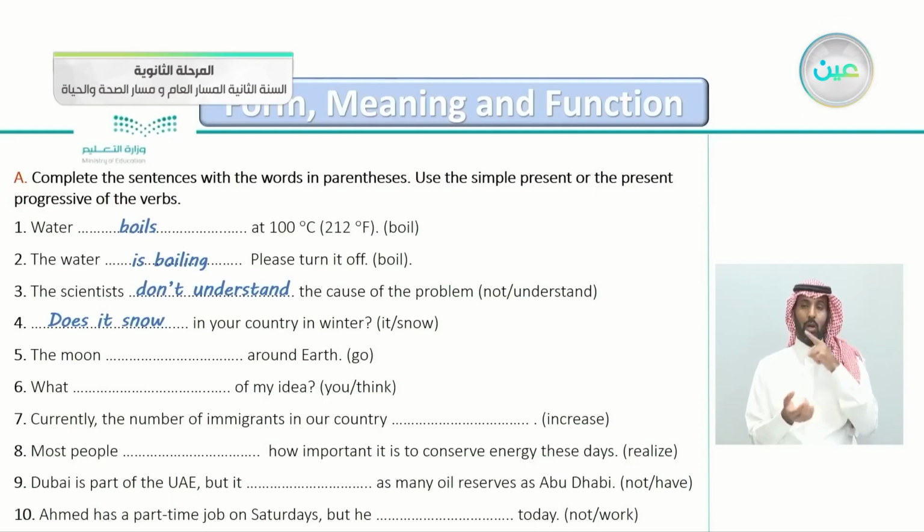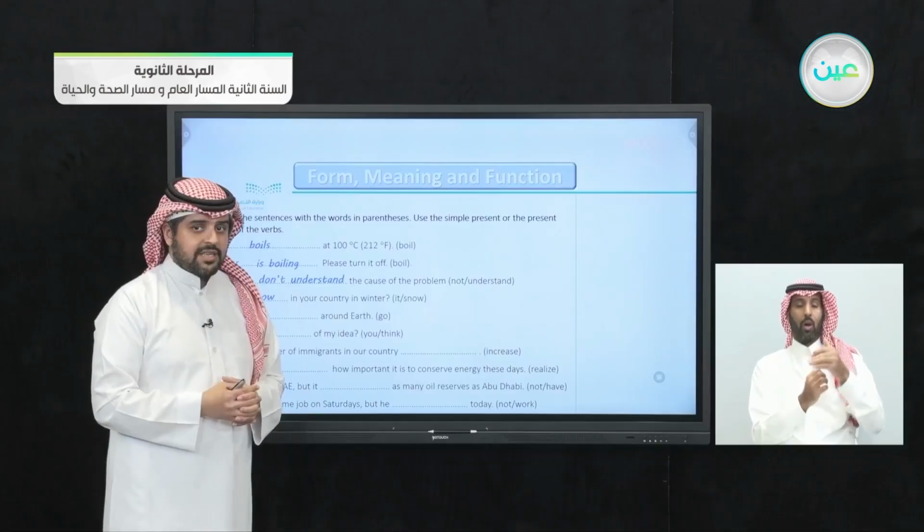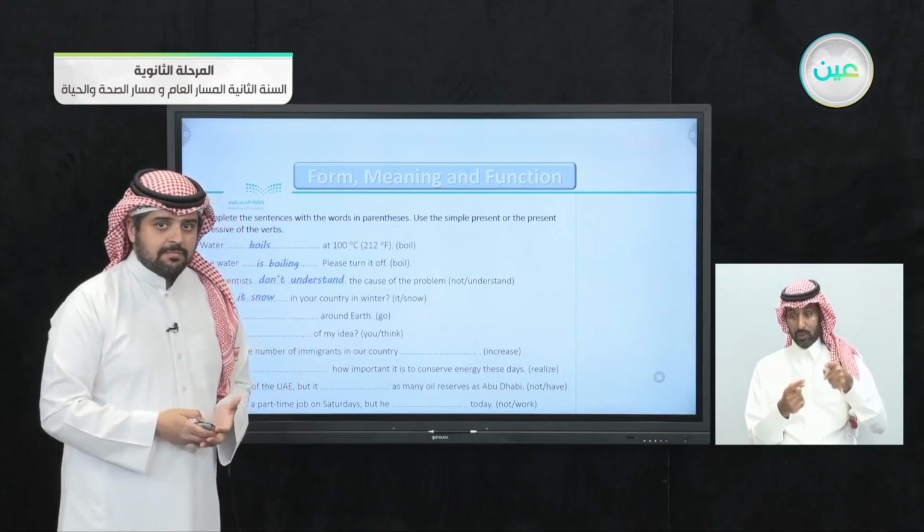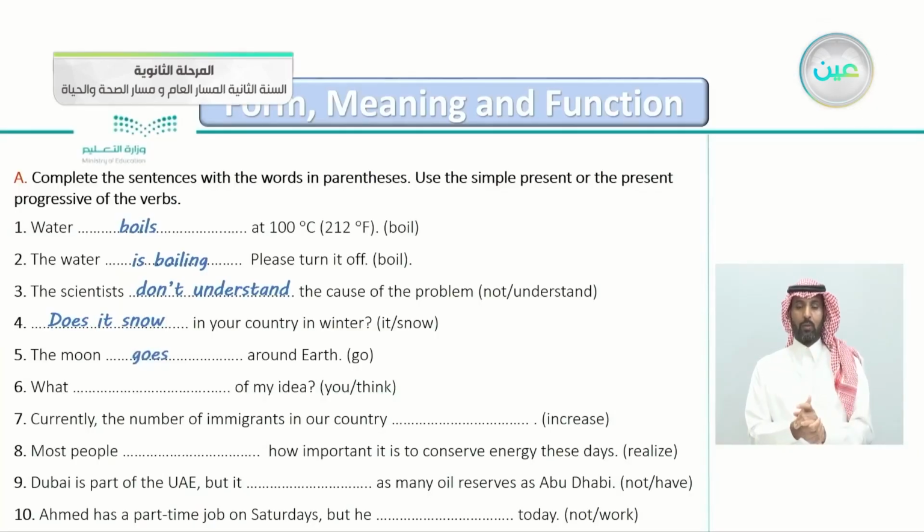Number 5, the moon around the earth, and the verb go. So what's the answer here? You can say this is a routine here. Yes, the moon goes around the earth. This is a routine for the moon.